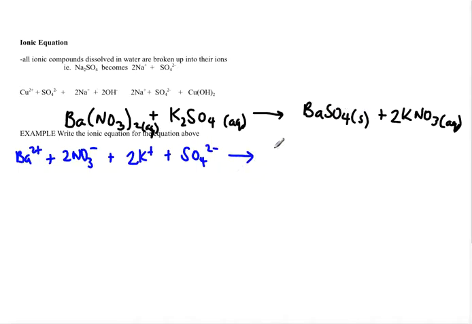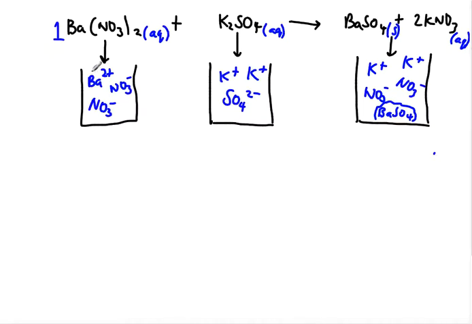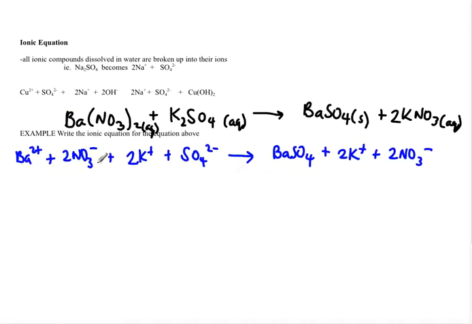And here the barium sulfate is a solid, so it stays together, and the potassium nitrate is broken up into 2 potassiums and 2 nitrates. And if you look back at the previous screen, this is exactly what we had. We had 1 barium and 2 nitrates. We're just writing it a little bit differently.